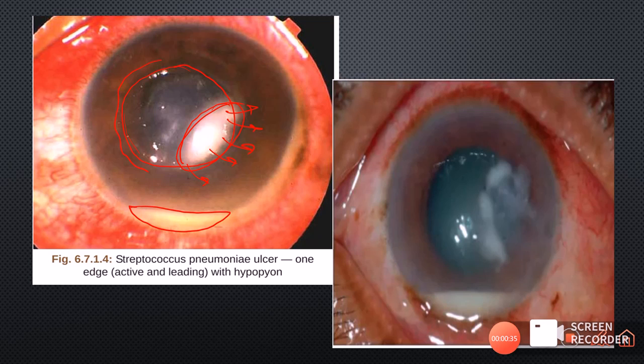So this is a case of Streptococcus pneumoniae ulcer with an active and leading edge, and the other edge is the healing edge. Similarly, over here have a look, this is the ulcer, and just look here, here it is active and here it is healing, and you can see a hypopyon also. So this is a Streptococcus pneumoniae ulcer.